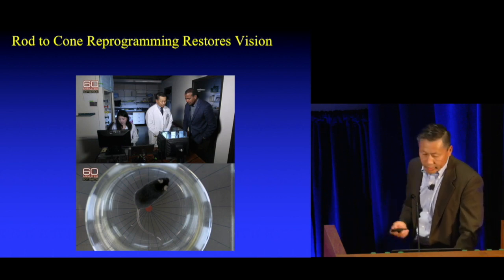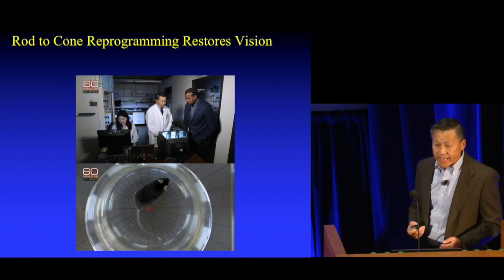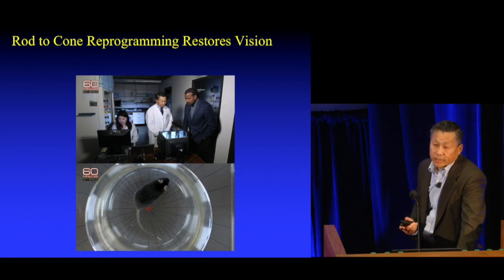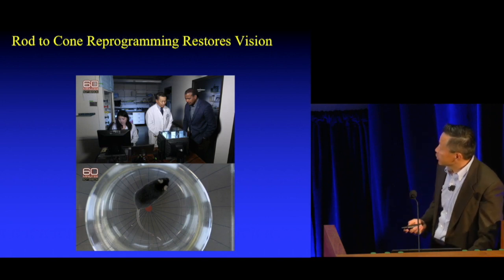What we show here is that we can dramatically improve the mouse vision. So this is an example of how we can use a different reprogramming strategy, in combination with cellular reprogramming and CRISPR technology, to improve vision.